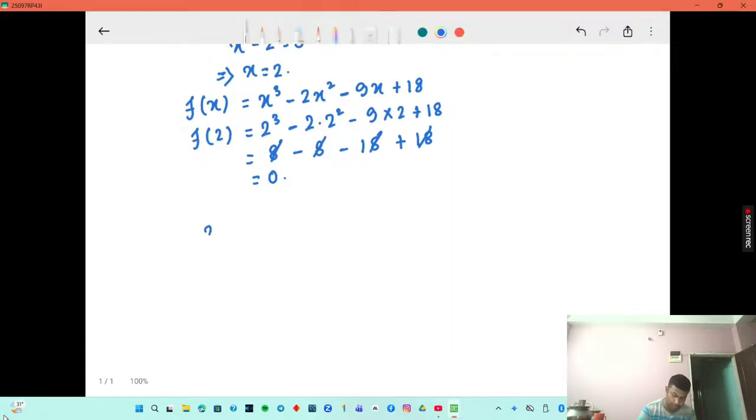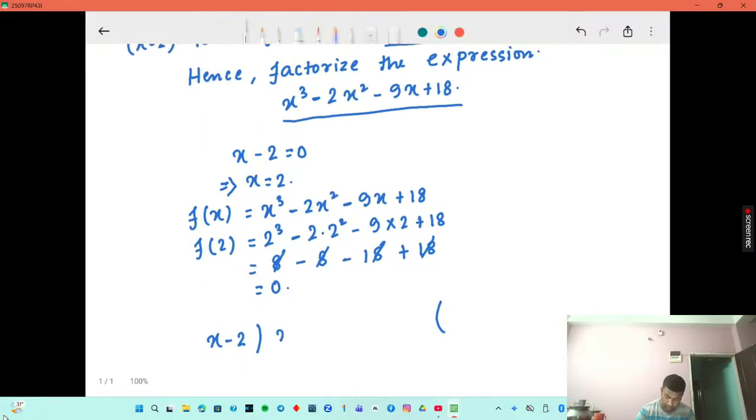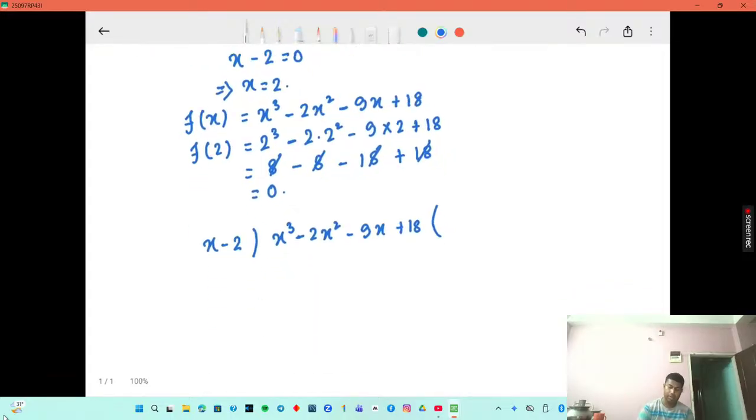So x minus 2 divides x cube minus 2x square minus 9x plus 18. How can we divide?